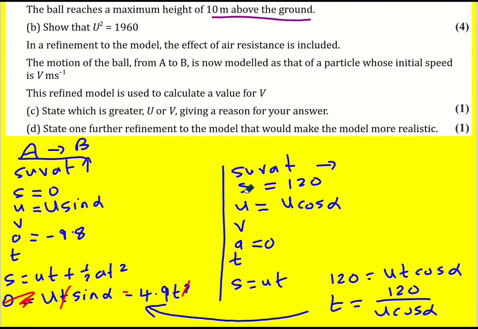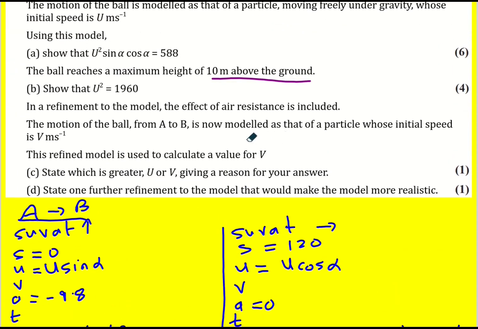So the last little bit says in a refinement, air resistance is now included, and the motion of the ball from A to B is now modelled as that of a particle with initial speed of v. Refined models used to calculate v, which is going to be greater, u or v, giving a reason. So we've got the same conditions.